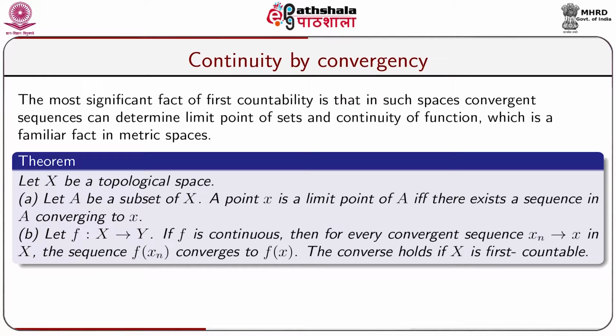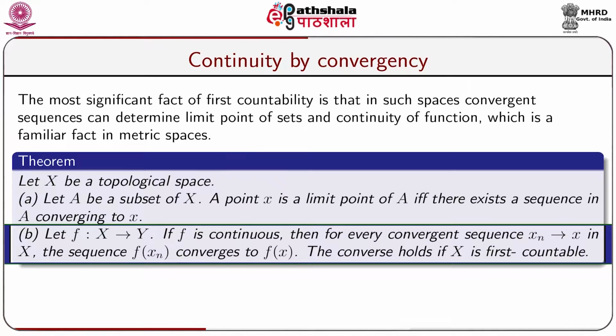So let us see the following theorem. Let X be a topological space, A a subset of X, and x a point. Then x is a limit point of A if and only if there exists a sequence in A converging to that point x.